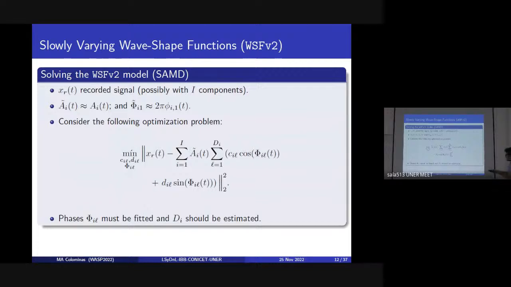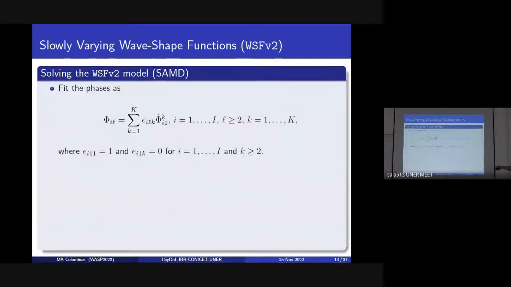That should not be a problem. But the phases, how do we estimate them? Well, simply because they can be something different from an integer multiple.